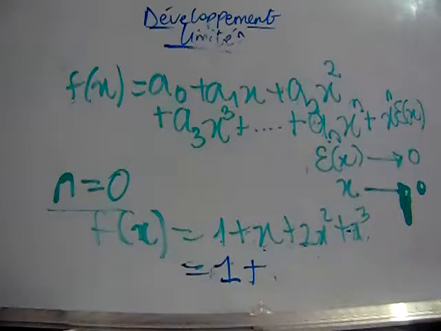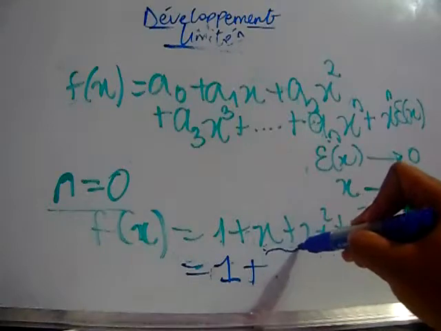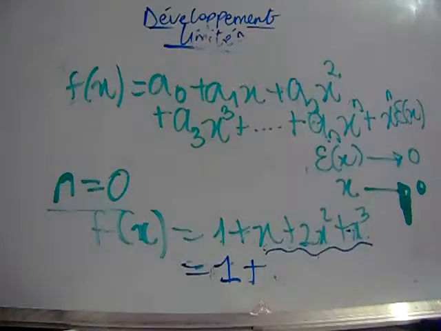Epsilon of x is the rest from the polynomial function. If you are given an order to get to, and you get to that order, any other polynomial left from the function, we take it to be our rest. So in this case, our rest will be x plus 2x squared plus x raised to the power of 3.